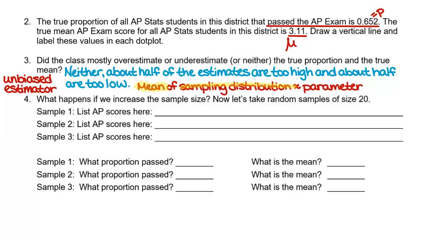Taking the average of all of these statistics. The average of all of the statistics, which should be found where in the sampling distribution? In the middle. The mean of our sampling distribution is the center, or the average.